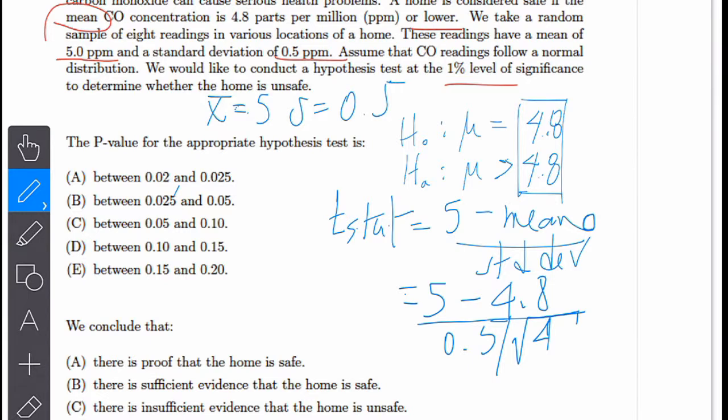The t-stat is negative 0.2 divided by 0.5 times 2, essentially. So it's negative 0.8.